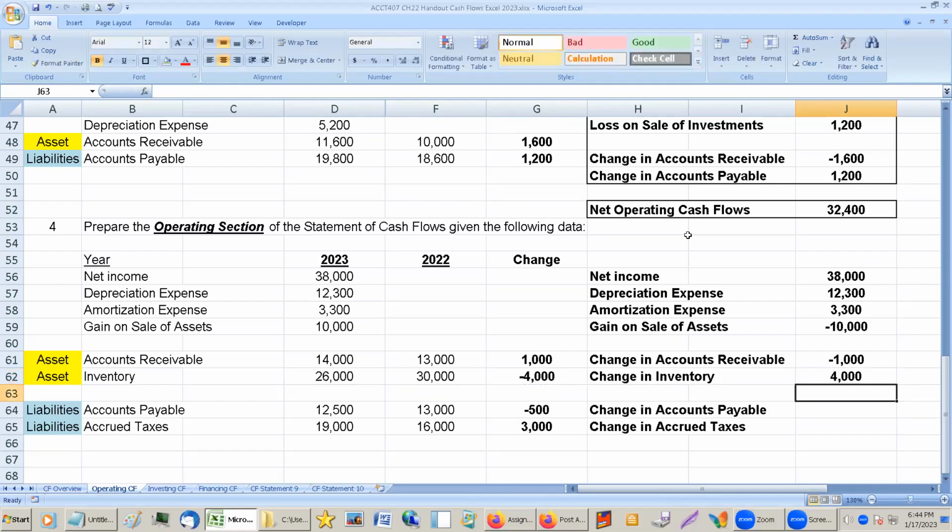Plus. Yep. And if you think about it, inventory went down, that means you must have sold the inventory, right? So when you sold more inventory, your cash goes up. Liabilities, they go in the same direction. So if your liabilities went down by 500, you must have paid $500 in liabilities. If your accrued taxes went up, that means you must owe $3,000 more that you haven't paid yet, so your cash goes up.